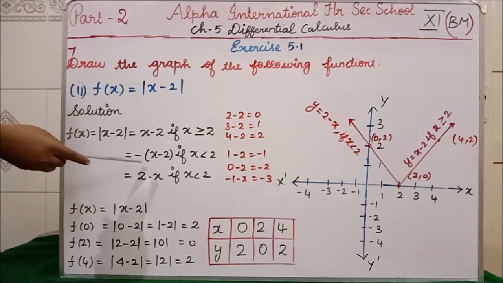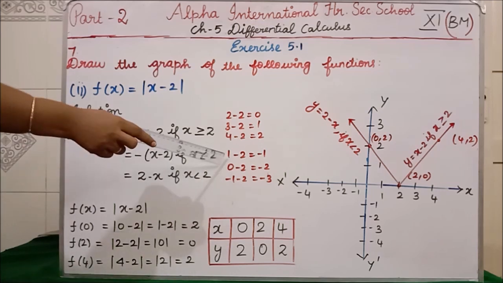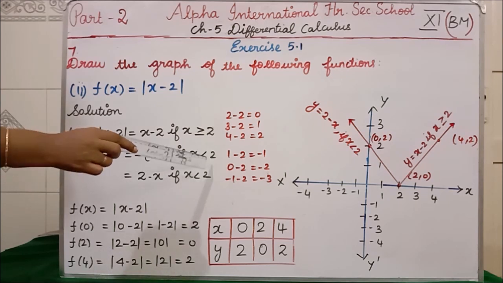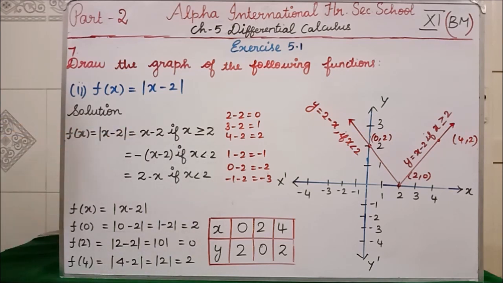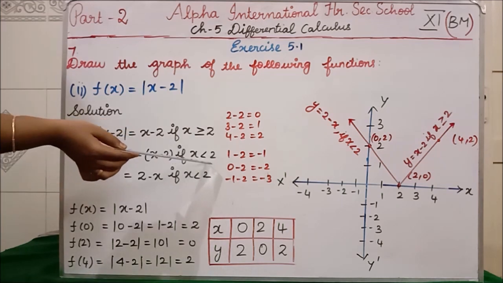Suppose here, minus of x minus 2, which means when you get a negative value, that is when x is less than 2. Clear? When x is less than 2, you will get a negative value. See, I will do some examples with negative values. Here x is less than 2, which means you should not take 2, because the equal to sign is not there.